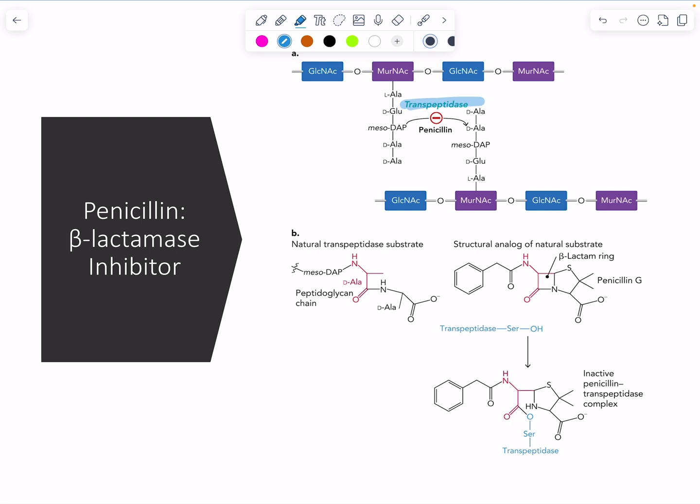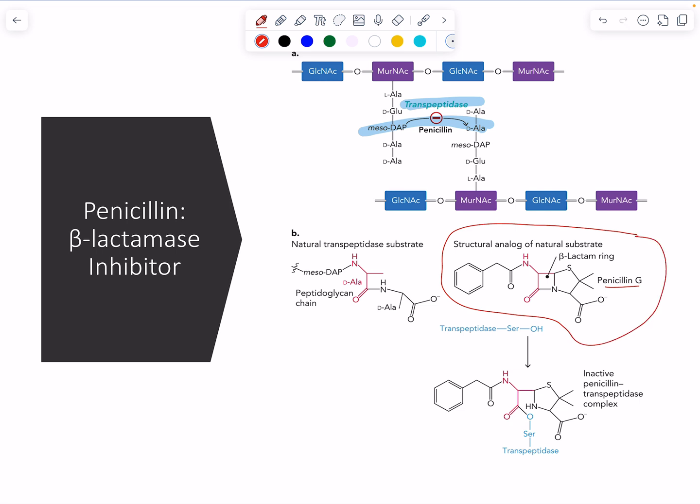Again, it's going to be the thing that creates the link between the two tetrapeptides in the different layers of the cell wall. Penicillin is a structural analog.